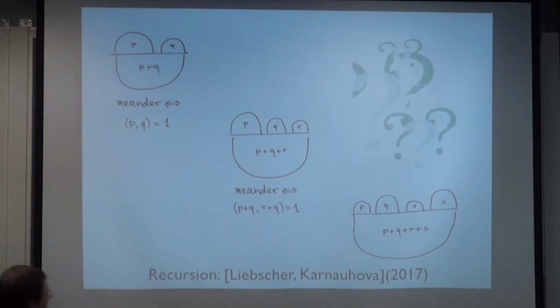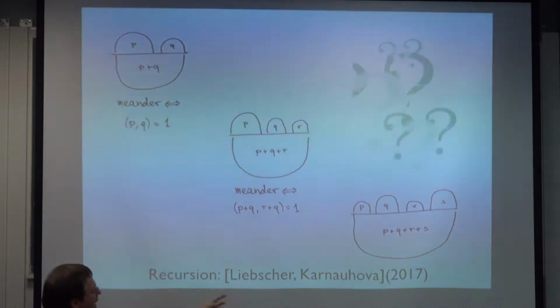And Stefan Liebscher and Anna Karnauhova have designed a rather complicated, somewhat Euclidean-looking algorithm which reduces the question of whether this thing is connected or not to smaller and smaller cases, and finally to one of the known cases. But I mean, we don't have a formula, okay? So anybody is welcome to.